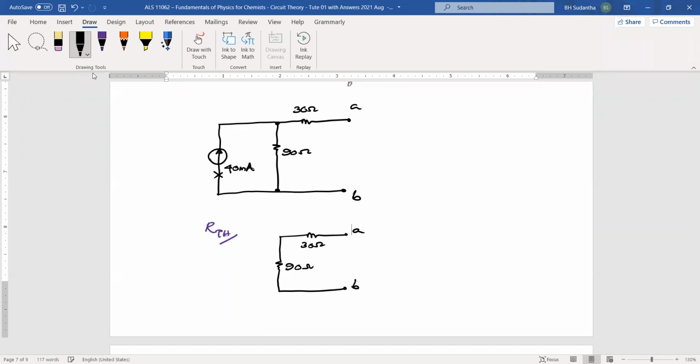This is 30 ohm. When you look at it from this side, you can find this one. Here we have removed the current source. There is no one there. Then RTH is 90 plus 30, 120 ohms.